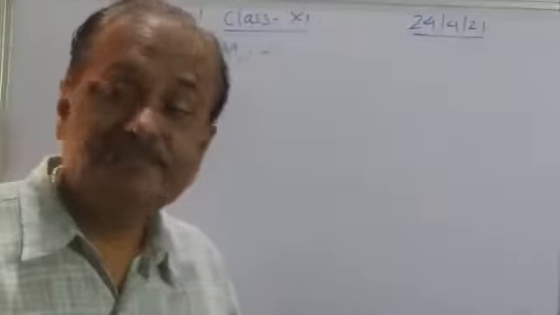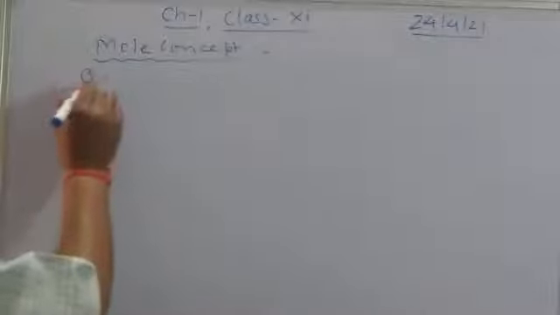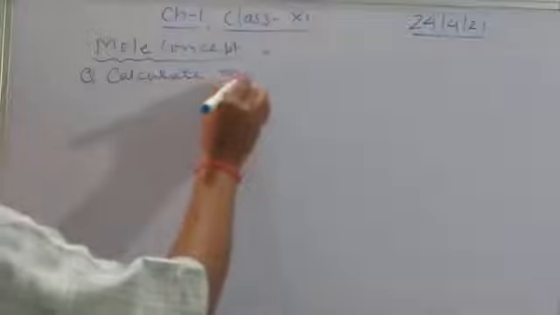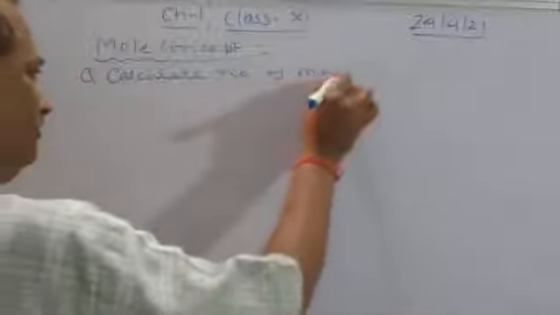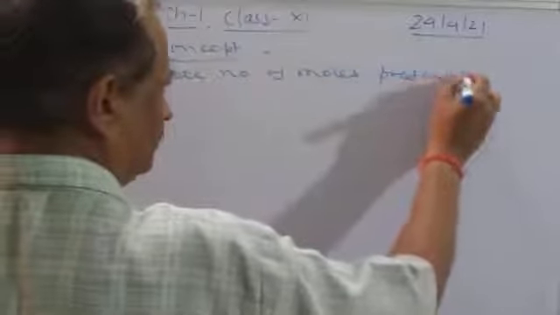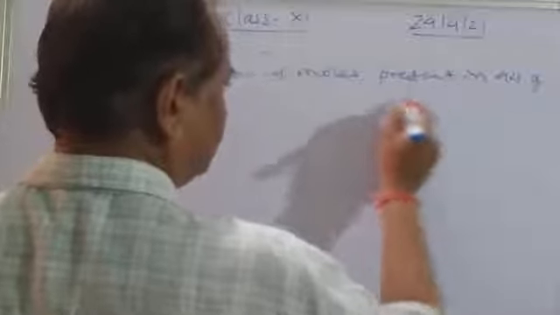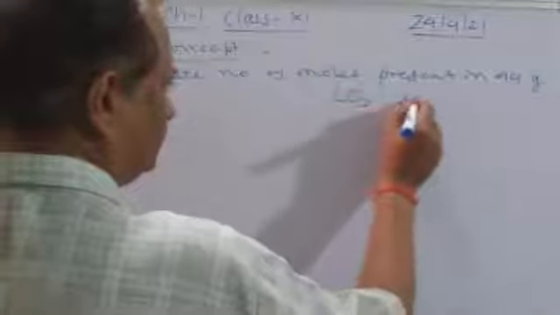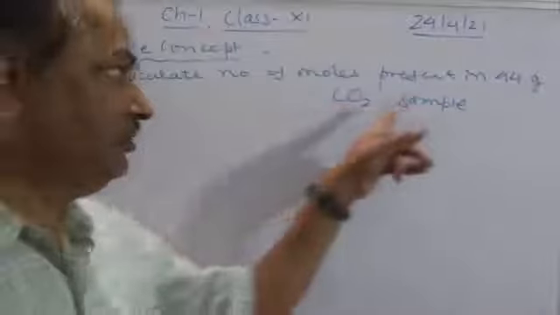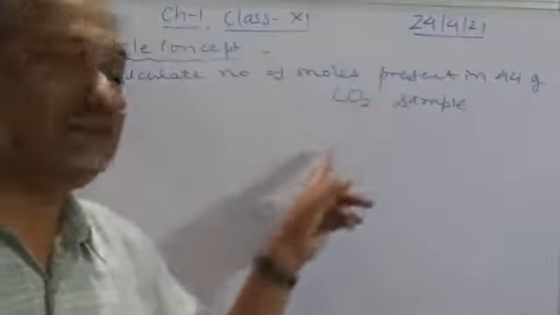Now, children, we will see the numerical part. Suppose, very simple: calculate the number of moles present in a 44 gram CO2 sample. So the number of moles has to be calculated in 44 gram of carbon dioxide.